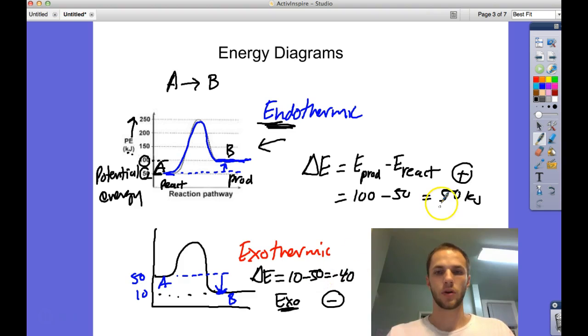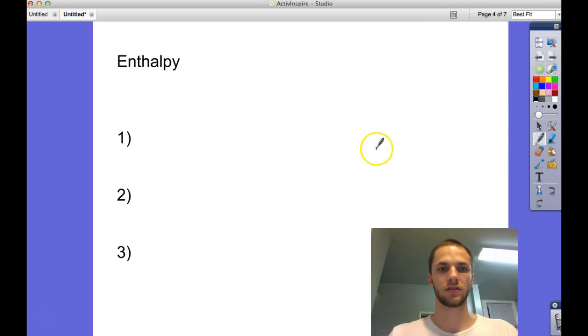Why is that going to be important? Well, because we're going to introduce the concept to quantitatively measure this energy, and that is with something called enthalpy.